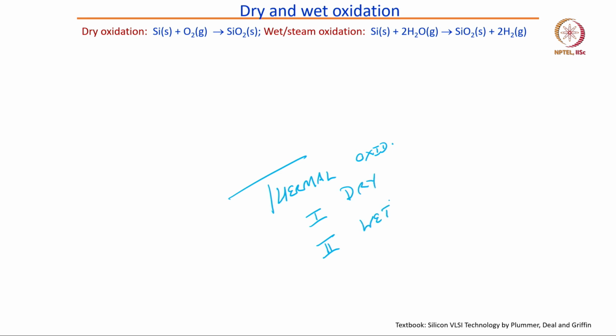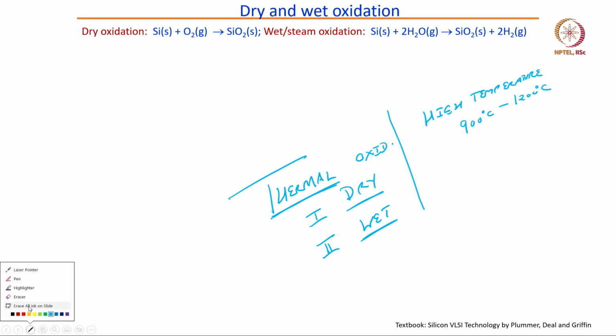As the name says thermal, that means it will require a high temperature, from 900 degree centigrade to 1200 degree centigrade, very high temperature. That is why it is called thermal oxidation. Okay. So, in thermal oxidation, like I said, dry and wet. So, let us see each of those.